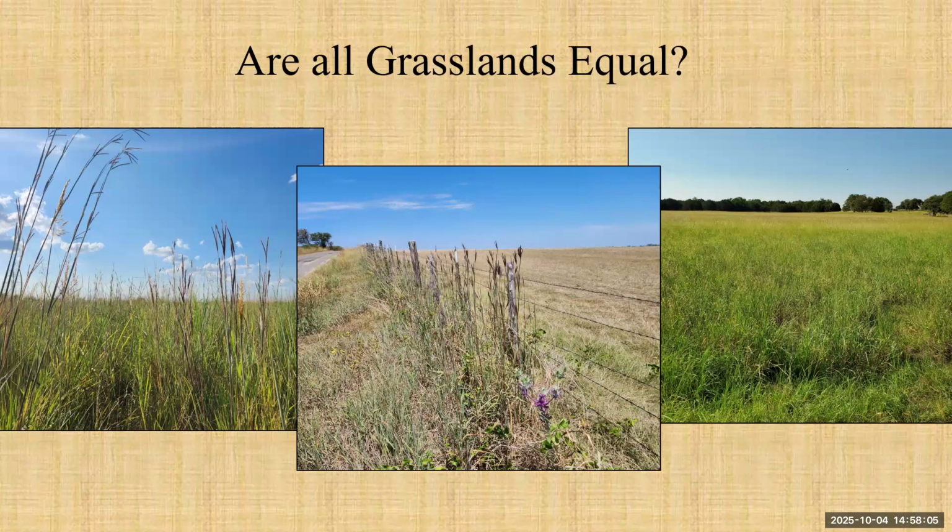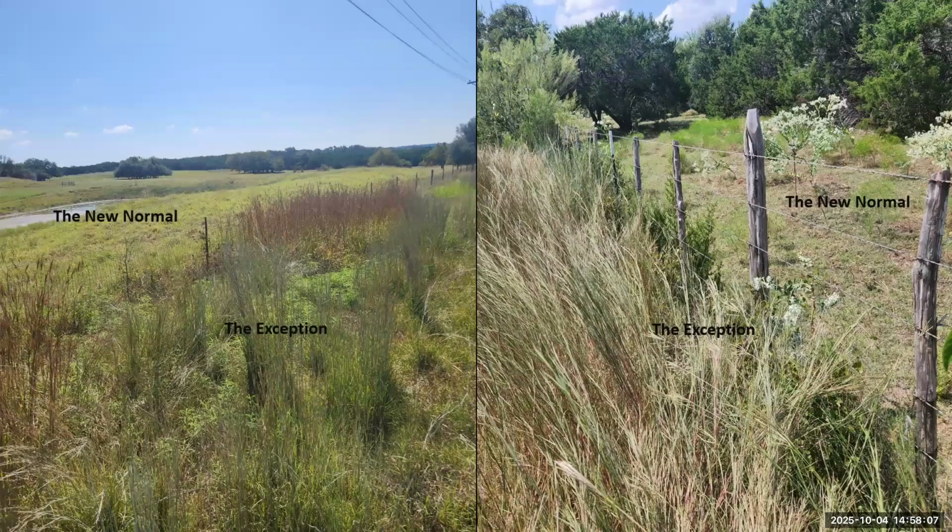So here's some examples. This is outside of Salado, just west of here. So we have little bluestem, big bluestem, some croton, next to some Bermuda grass pasture. So we can see that stark difference. This is over near Bertram, native grass, maybe a little heavy grazing pressure.